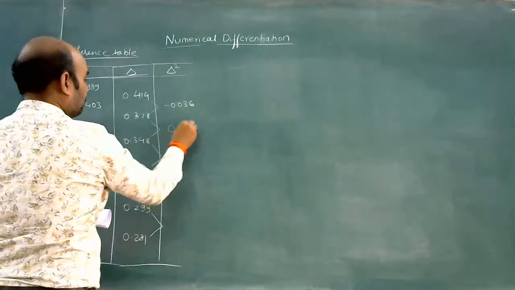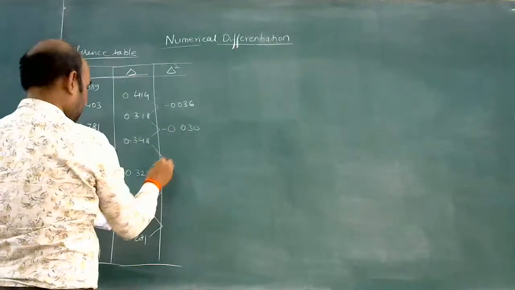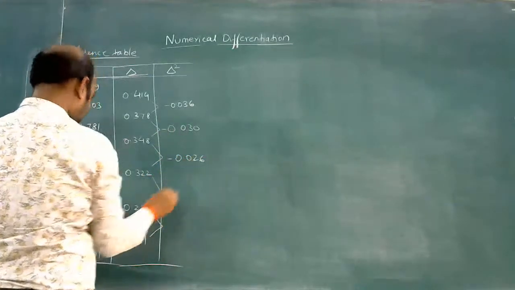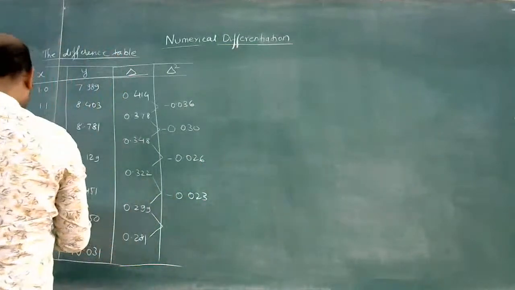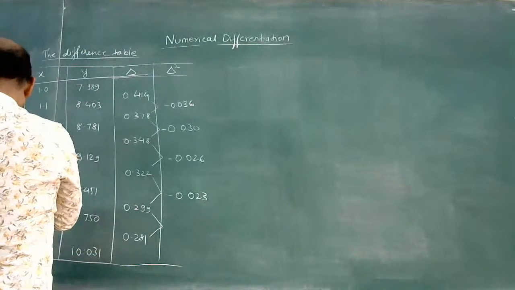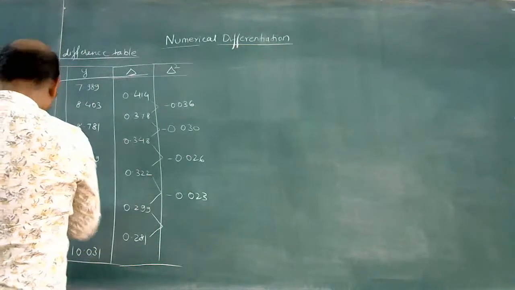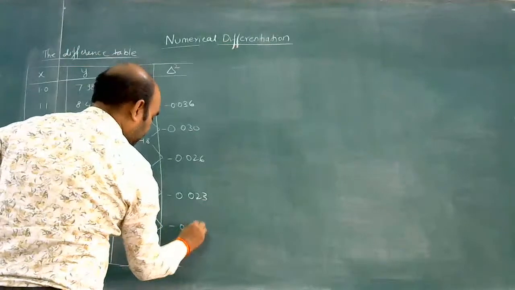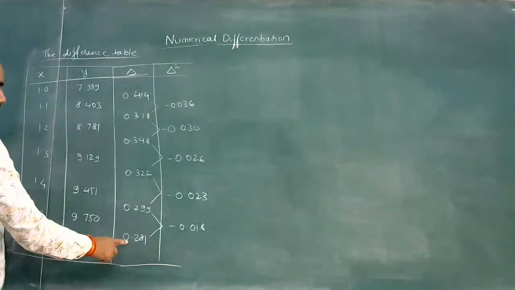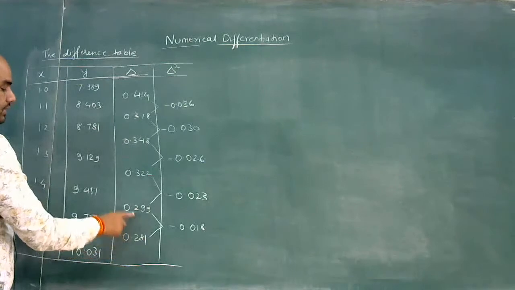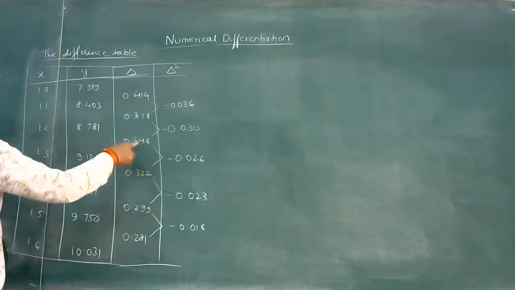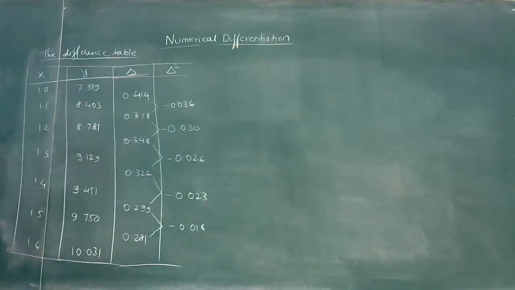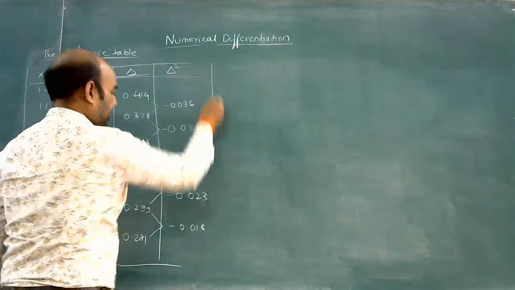This is 0.030, minus 0.026, minus 0.023, plus 1.01. Okay, so 0.281 is subtracted from 0.229. This is subtracted from this, this is subtracted from this, and so on. Okay, so in this way we find the difference table.